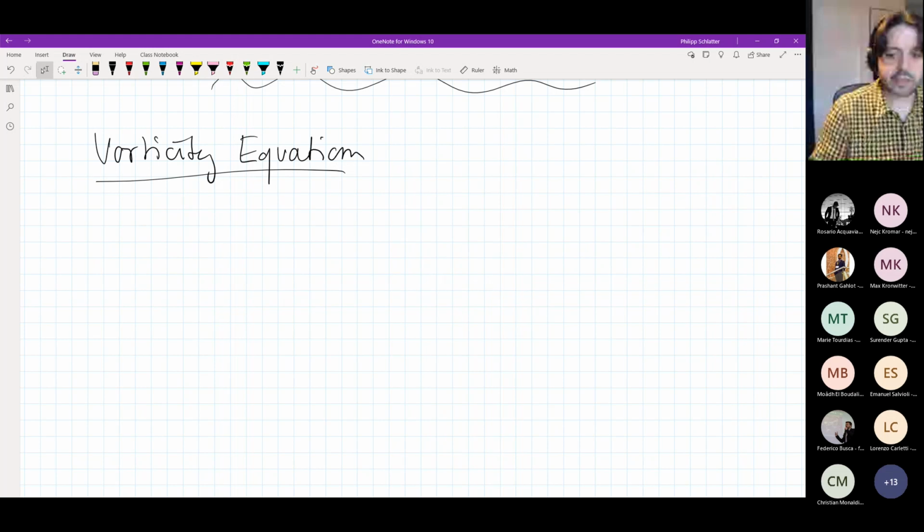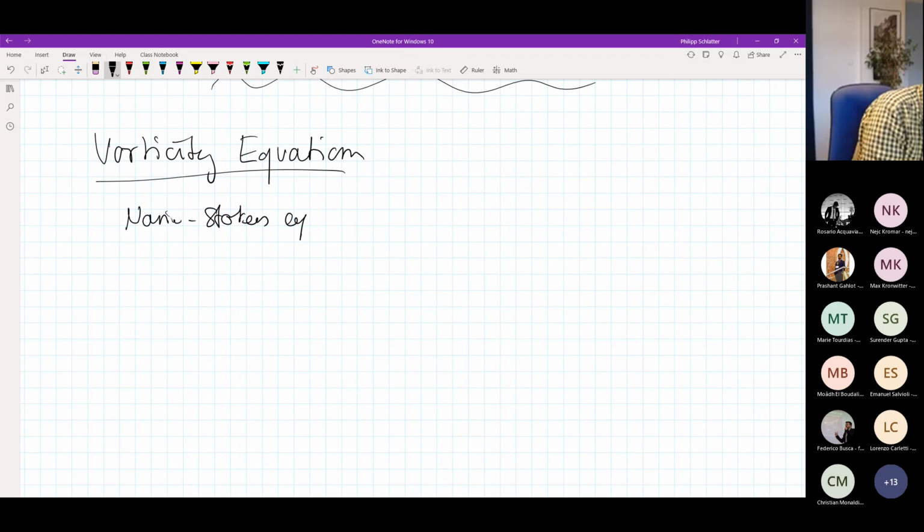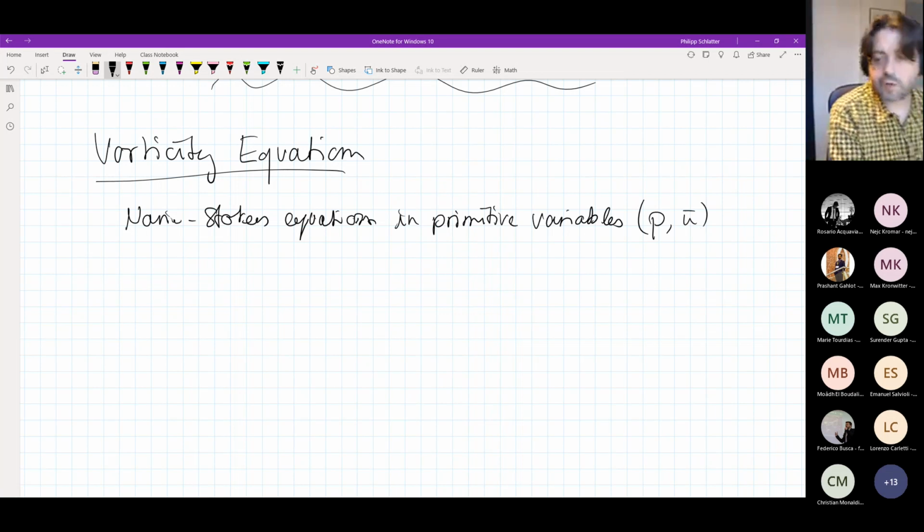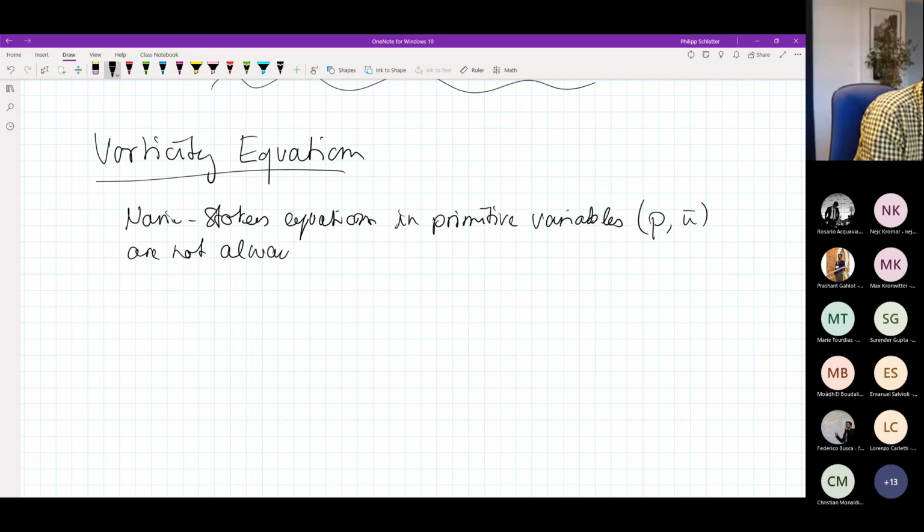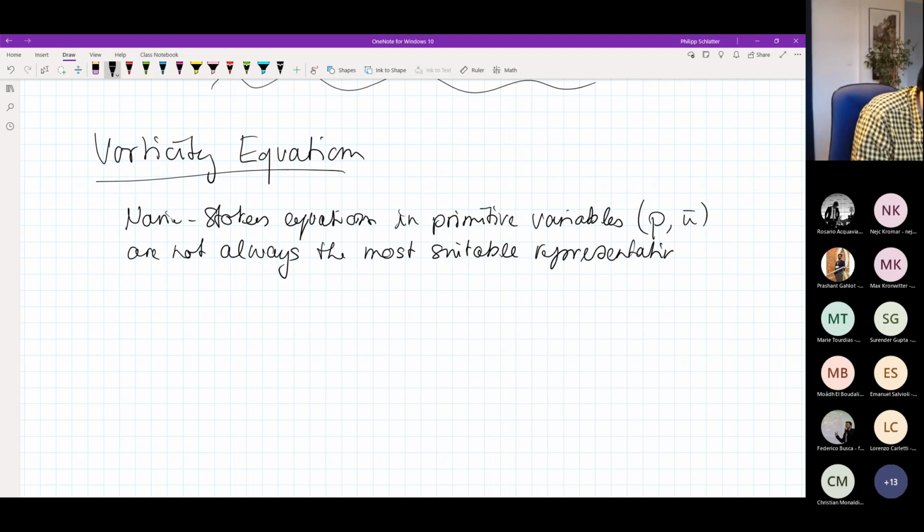Let me just write that down in a sentence. So the Navier-Stokes equations in primitive variables, and with primitive variables, I really mean just the pressure and the velocities directly, are not always the most suitable representation for all possible problems.